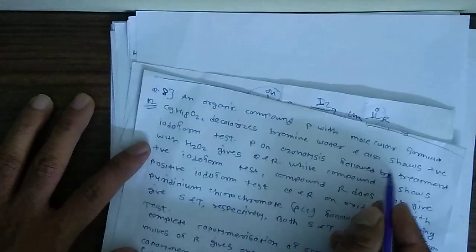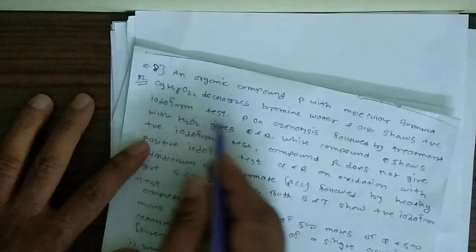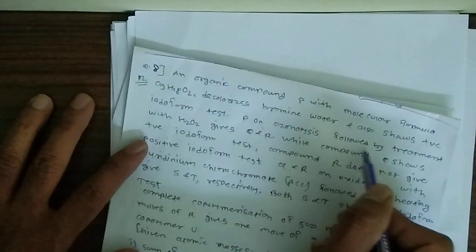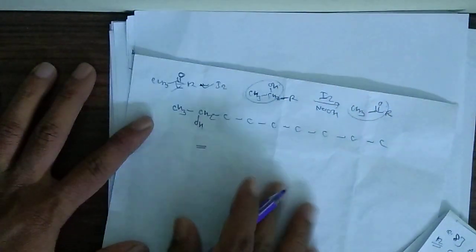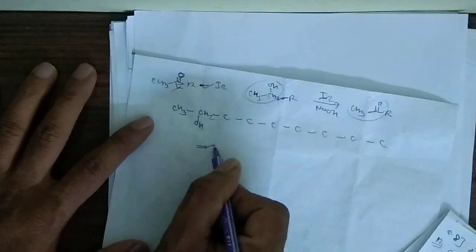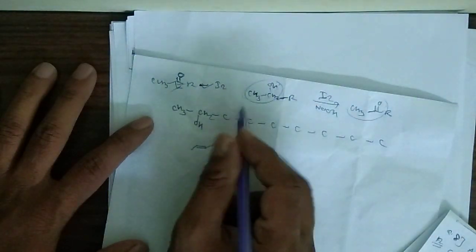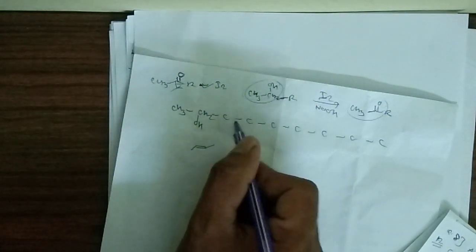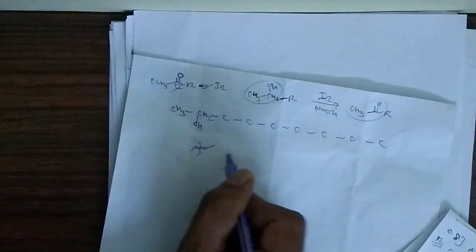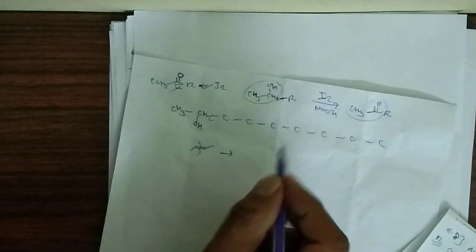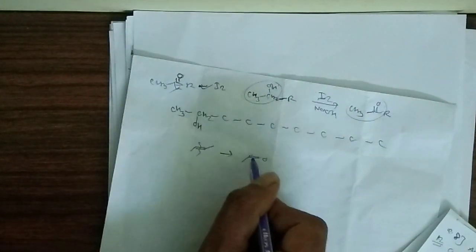Next, they said that P on ozonolysis followed by treatment with H2O gives Q and R. P on ozonolysis means one double bond should be there. After ozonolysis, if it is reductive ozonolysis, then it will give aldehyde.